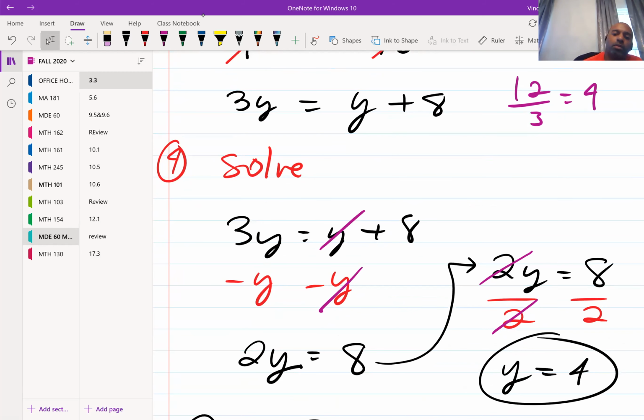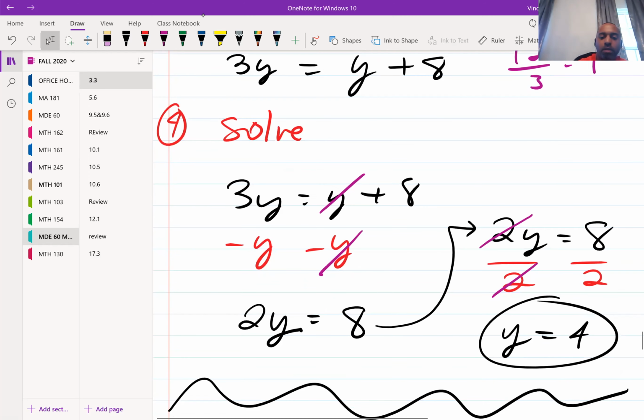Divide by 2, and y is equal to 4. All right. Any questions before we do another one?